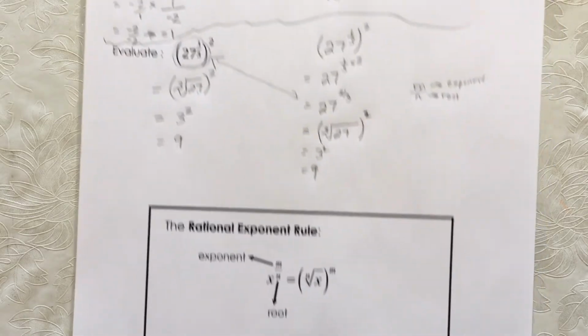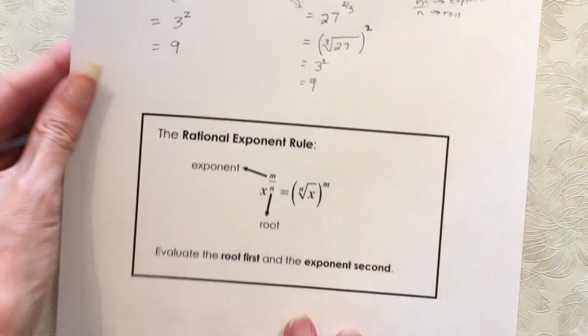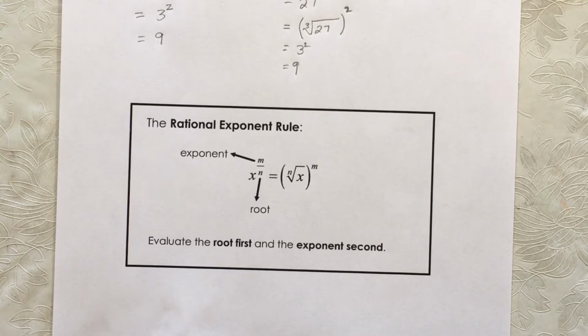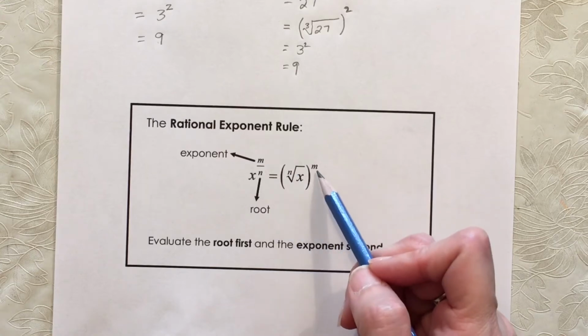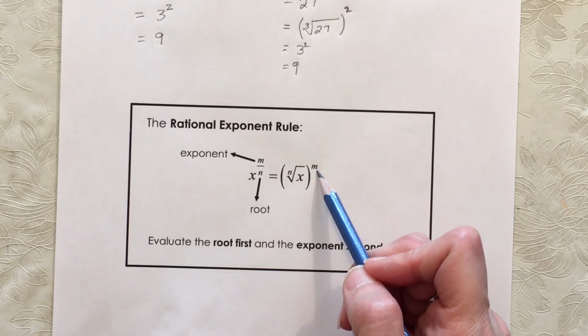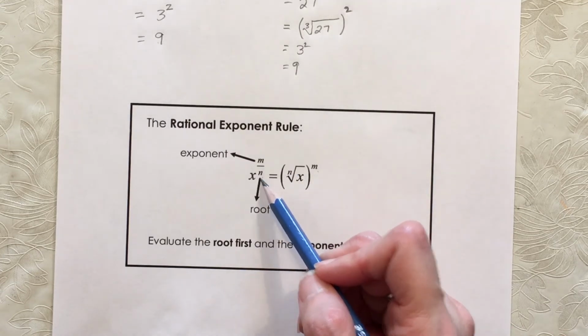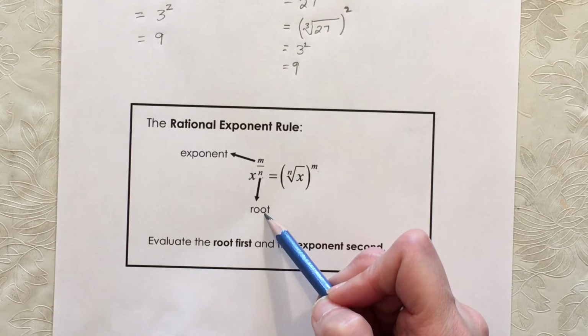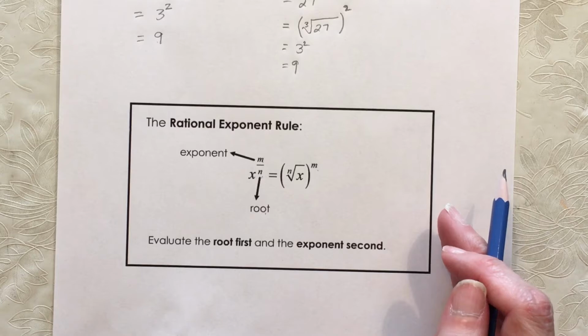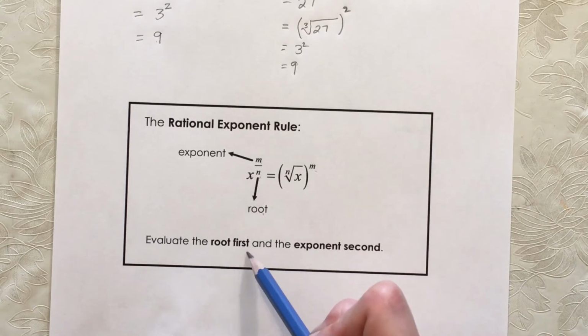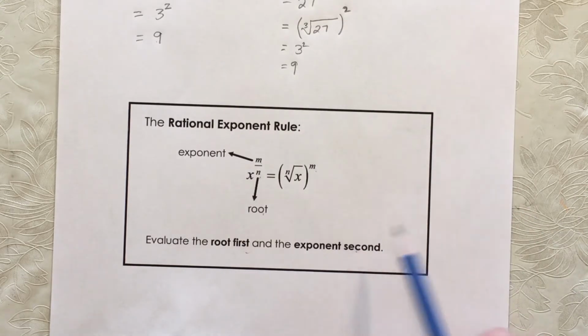So that's what's in the next box here, the rational exponent rule. If you have x to the m over n, it means the nth root of x, all to the exponent m. The n in the fractional exponent, the denominator, is the root. The numerator is the exponent. As a rule of thumb, evaluate the root first and the exponent second.